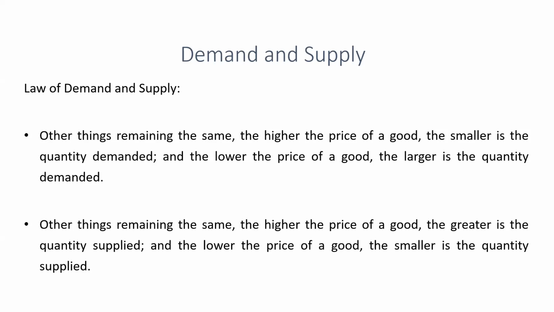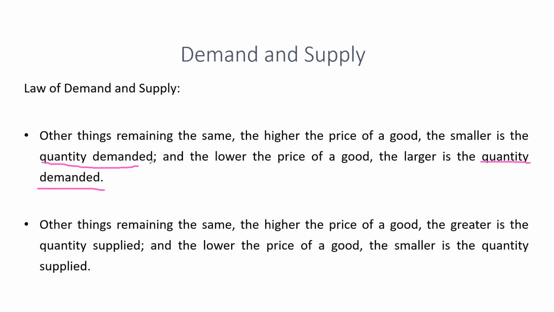So now let's look at the law of demand and supply. Law of demand states that other things remaining the same, the higher the price of the good, the smaller the quantity demanded, and the lower the price of the good, the larger the quantity demanded. What is very important to understand in this particular definition, and let me highlight that for you as well, is that it is quantity demanded that we talk about.